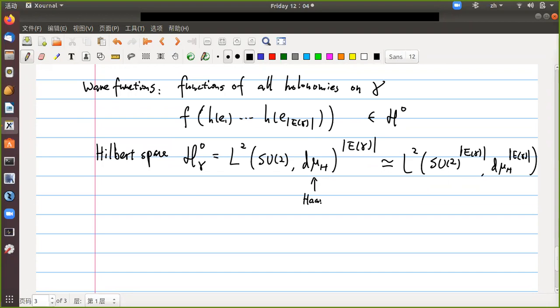This d mu H is called the Haar measure. It defines the integration on SU2.